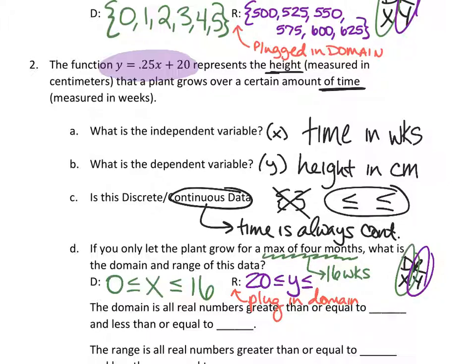If I plug 16 into that equation, will someone check that for me in their brain or on their calculator? 0.25 times 16 plus 20? 24. So this plant can grow potentially from the 20 centimeters when I started up to 24. I know the growth rate of this kind of plant. This is what farmers do to try to decide their crop yield.